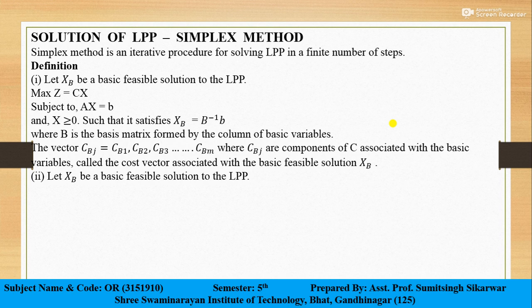Another definition: let xb be a basic feasible solution to the LPP. Now we need to maximize z equals cx, where Ax equals b and x is greater than or equal to 0.